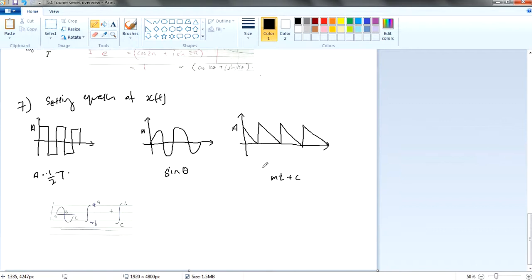So mt plus c equals a, because the gradient multiplied by t, the time function, plus some constant equals y, like mx plus c equals y. Although this is not very clearly explained, I think it's pretty cool.